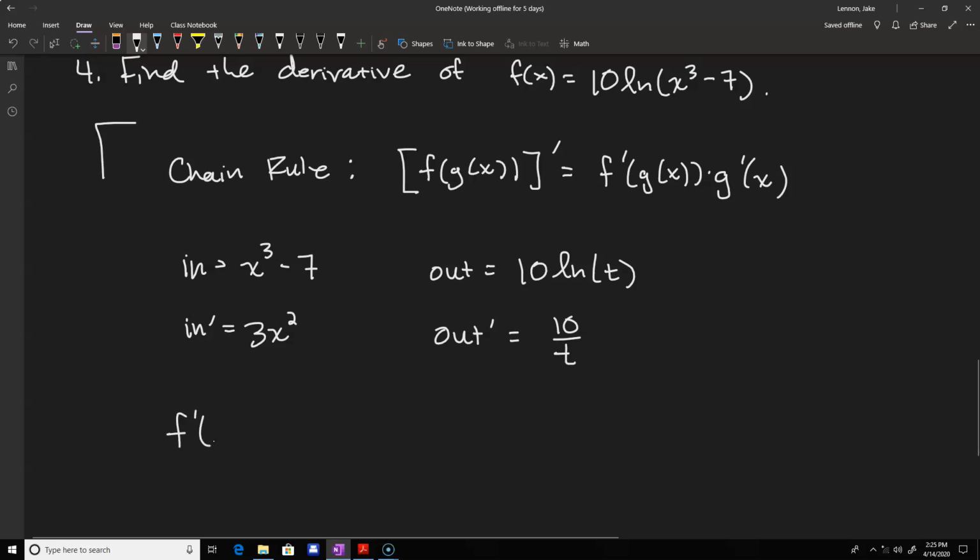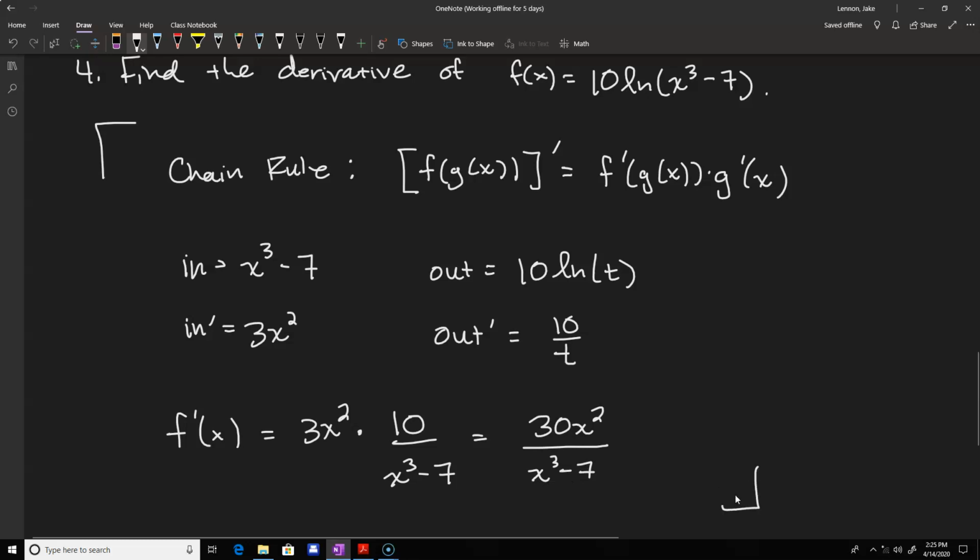So f prime of x here is going to be 3x squared times 10 divided by x cubed minus 7. And that can be put together as one fraction. 3x squared times 10 is 30x squared over x cubed minus 7. And we could stop there. So a pretty straightforward application of the chain rule.